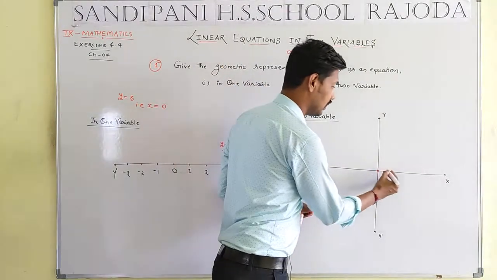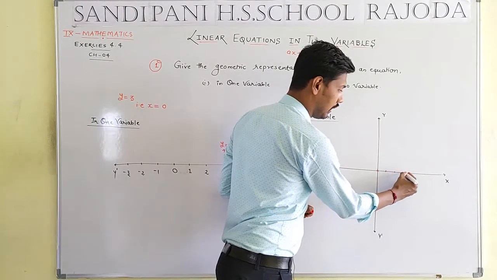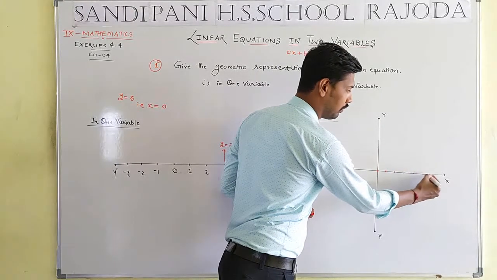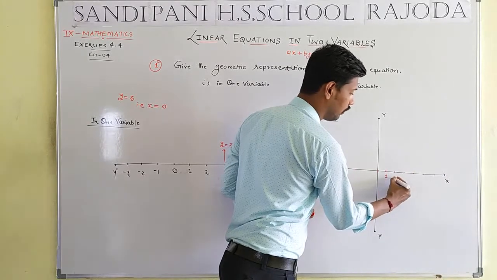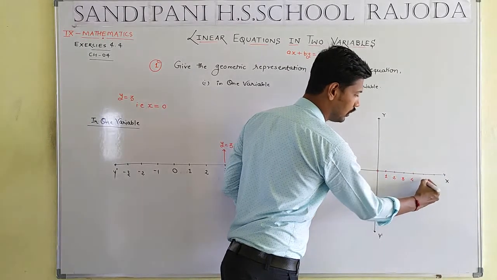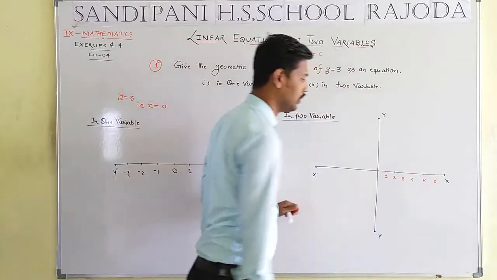That means the origin, then first cut, second, third, fourth, fifth and so on. Positive 1, positive 2, positive 3, positive 4, positive 5, positive 6.